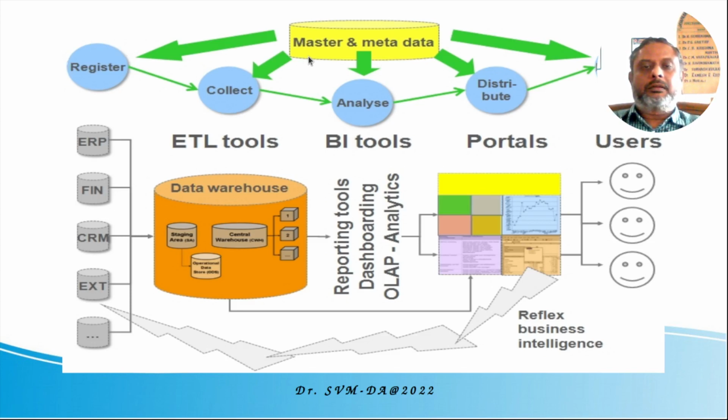Here we work with various phases. The first phase is to register. In the register, we have registered various sources of the data like enterprise resource planning, finance, customer relationship management, external, and many such things.